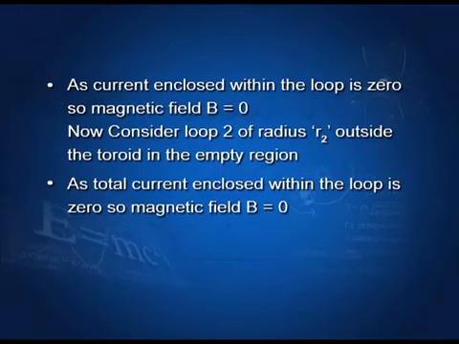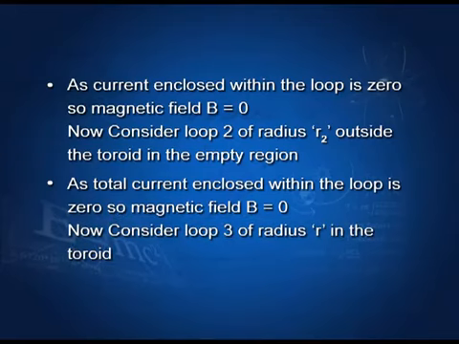If we join this loop 2 with the center, then we observe the line joining the center with the circumference intersects the current carrying conductor at 2 points. Once the current is coming outward, second the current is going inward. As the current is equal, the net current will be 0. As a result, the magnetic field will also be 0.